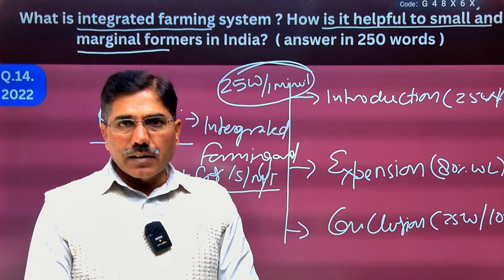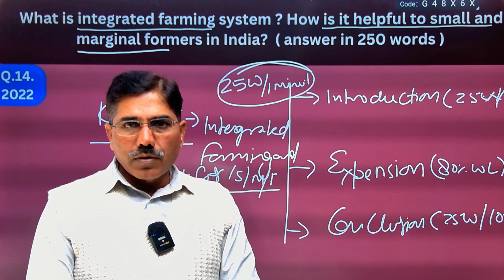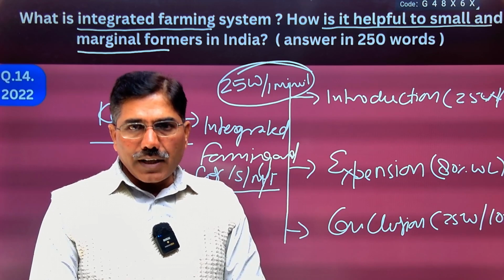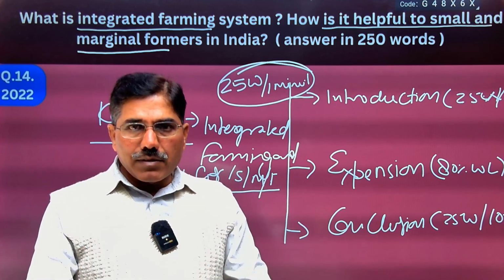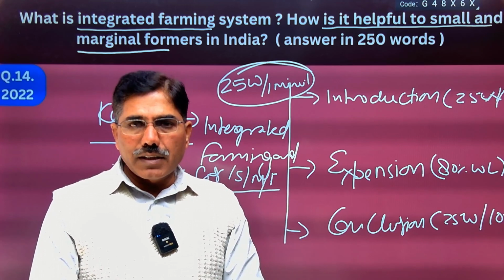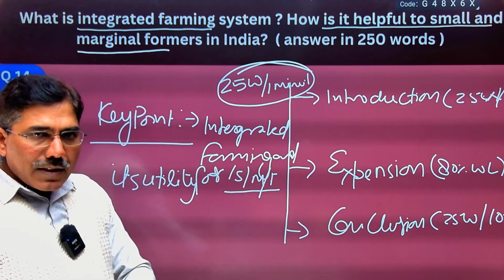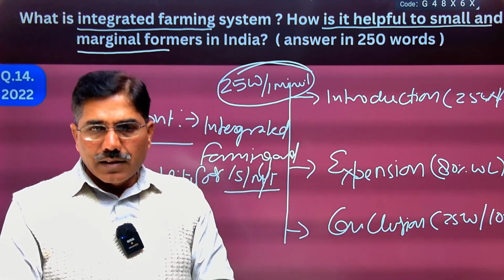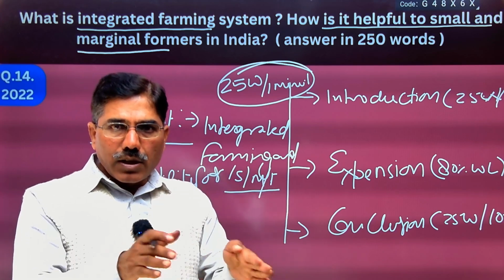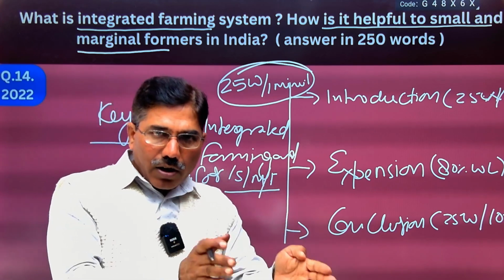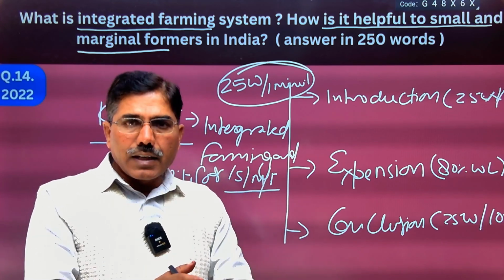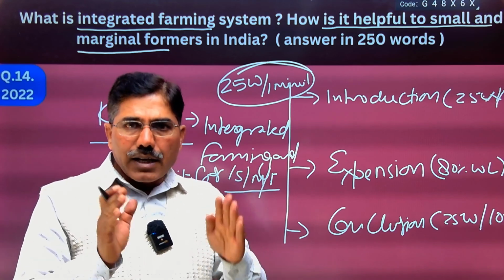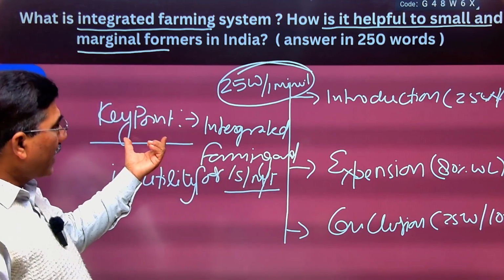In animal rearing, that is cattle, goat, cow, buffalo, fish, poultry, etc. If all these activities are done by the marginal and small farmer in an integrated way, it increases the economic activity of the farmer. They do not depend completely on agriculture land or farming. They also depend on animal rearing, horticulture crops, or cash crops, which increase their income as well as livelihood. That kind of agriculture is known as integrated agriculture.